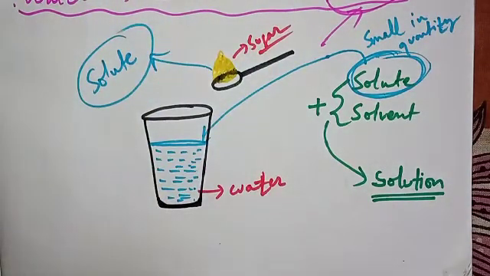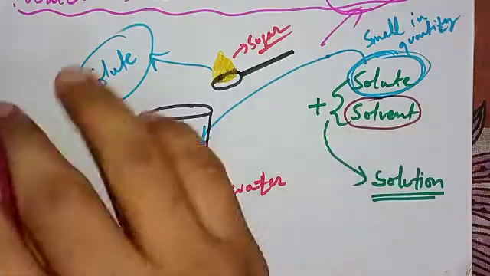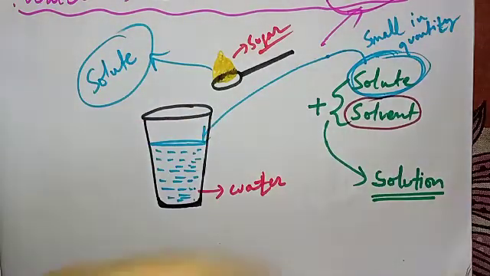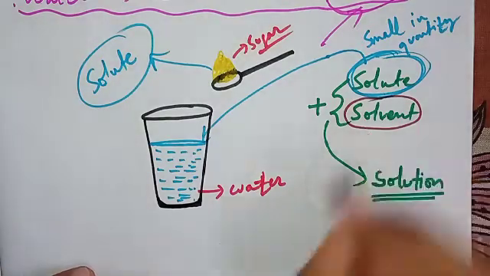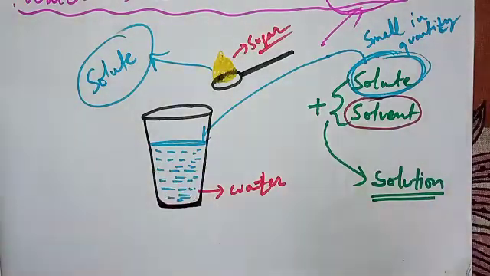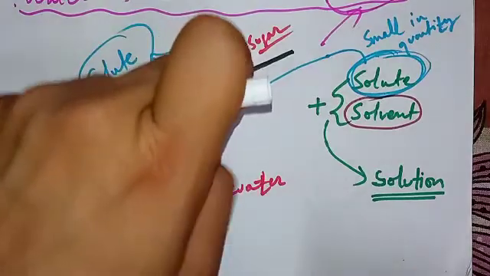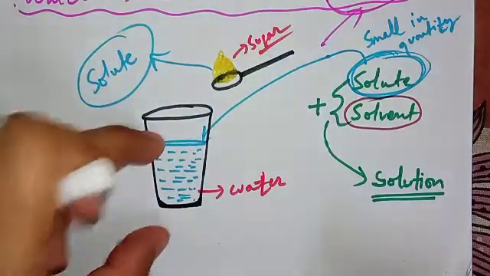Solvent usually or basically is a liquid. Because we are dealing with water, that is why we will use solvent. It can be solid as well, but we will not go into that much detail. So solvents are basically liquids into which something is added, or into which the solutes get added. Here you are adding the solute, that is sugar in this case, into the liquid, that is water.